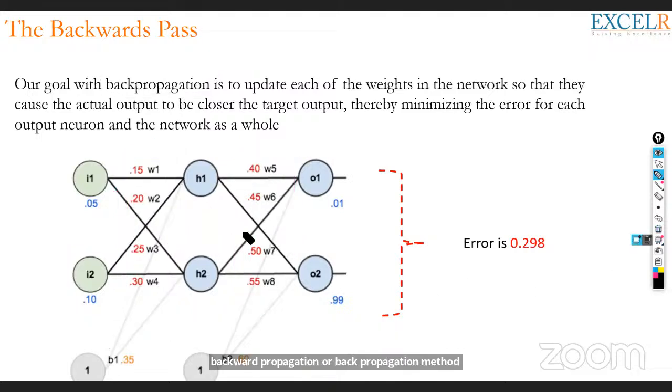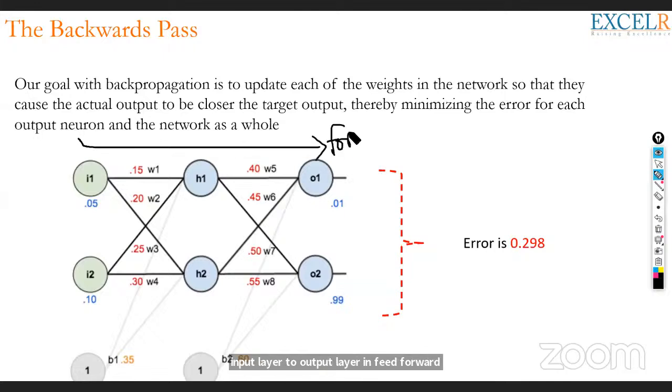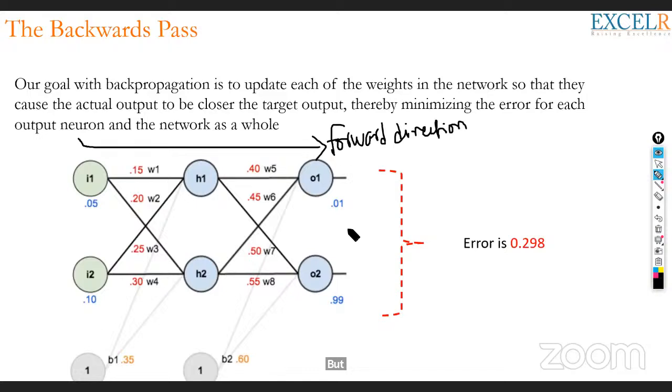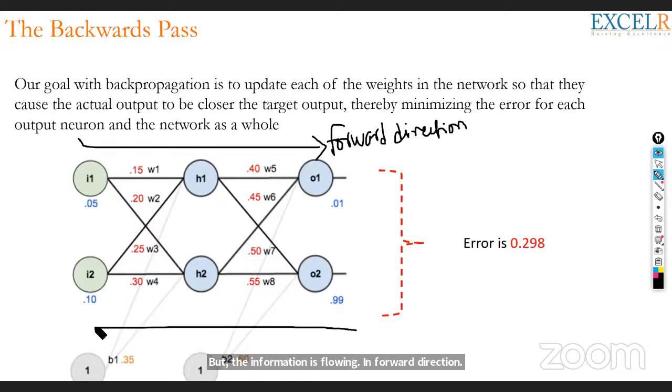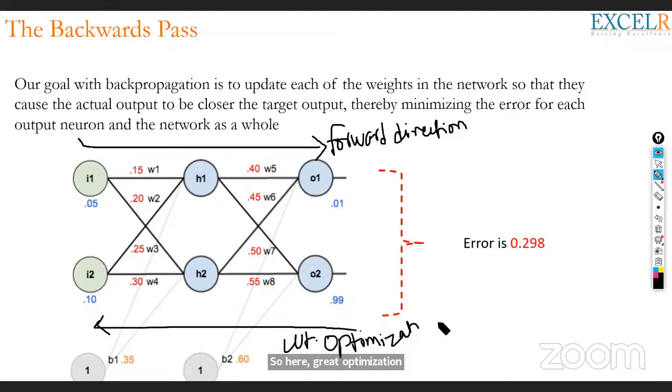So there are two things. The information is flowing from input layer to output layer in a feed forward manner, in the forward direction, and the weights are being optimized in the backward direction, the back propagation method.